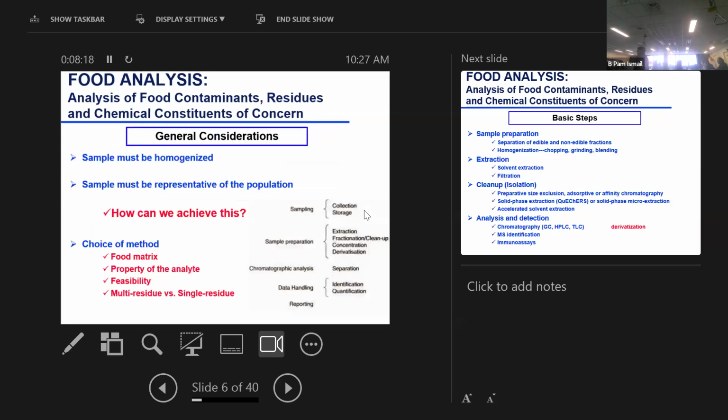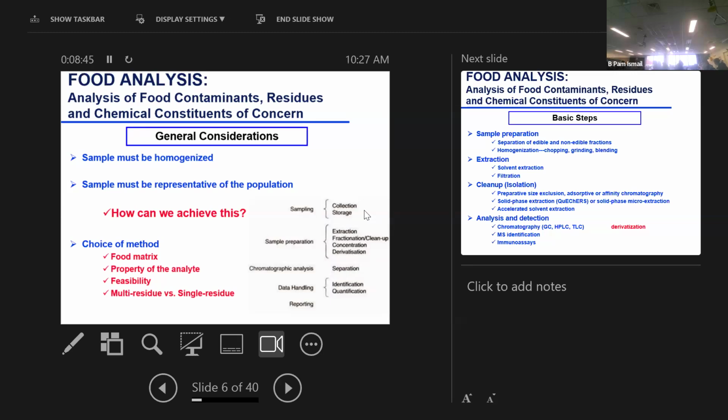Okay, so general consideration: most of the residues are present in very small concentrations, and they might not be homogeneous. So sample preparation and sampling, chapter 5 that nobody likes, is very important in this case.